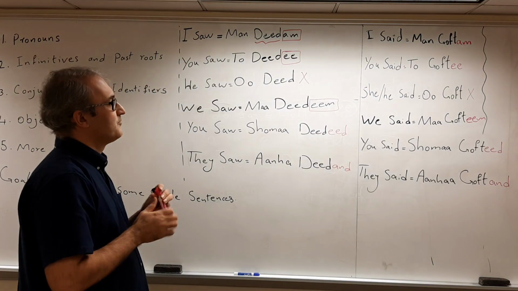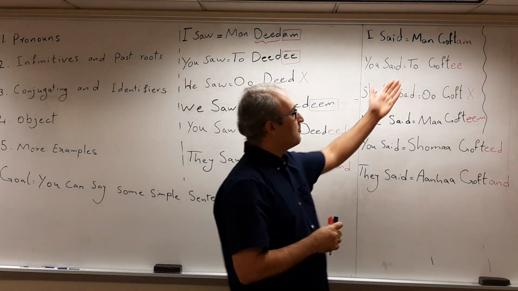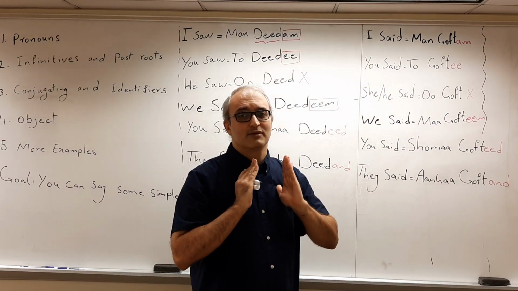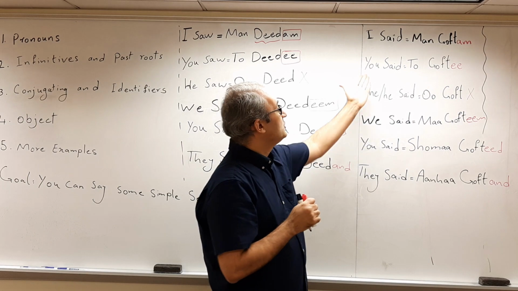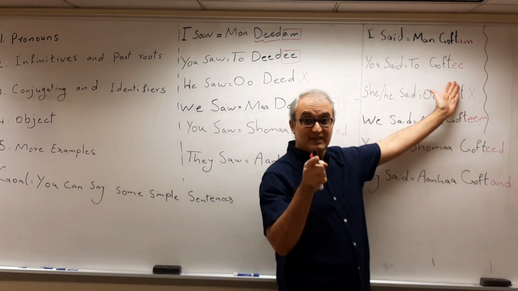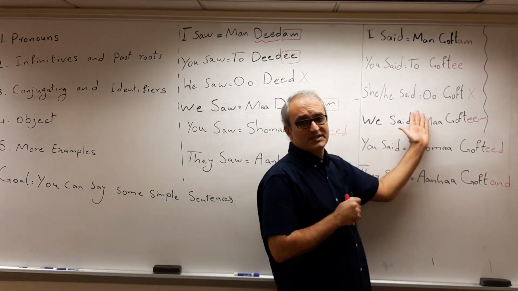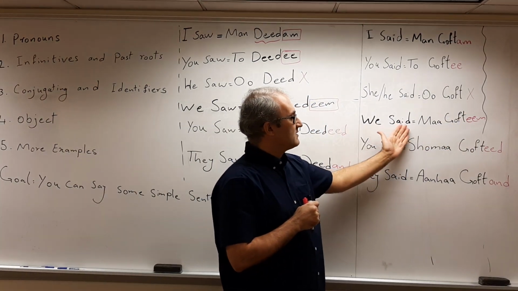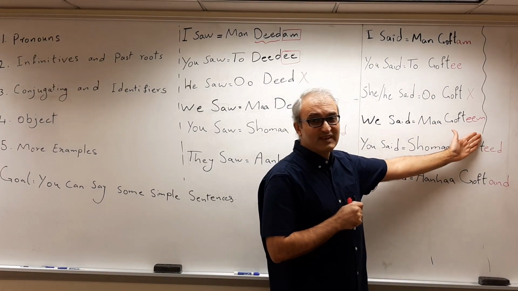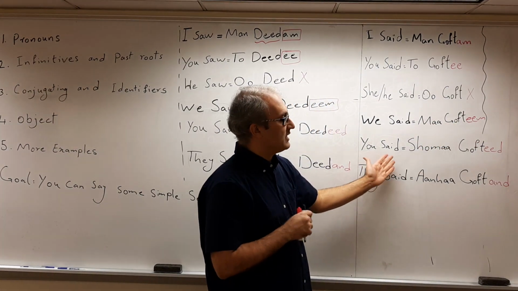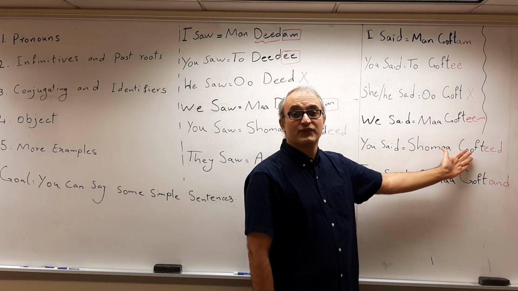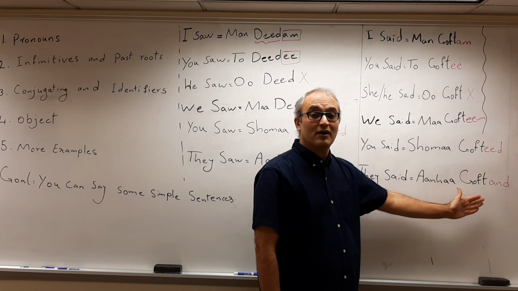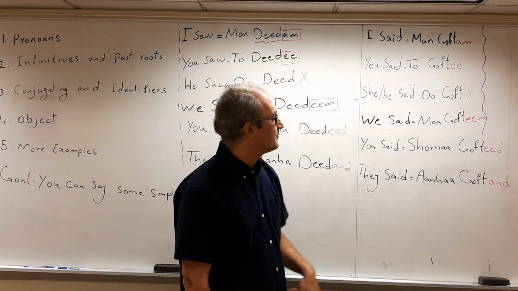One more time, please. I said, من گفتم. Guft is the root. You said, تو گفتی. He or she said, او گفت. We said, ما گفتیم. You said, شما گفتید. They said, آنها گفتند.